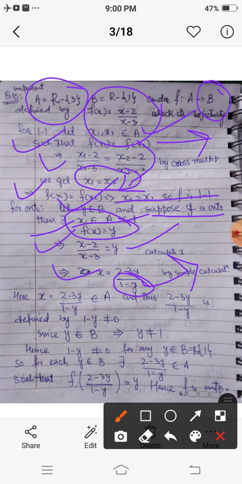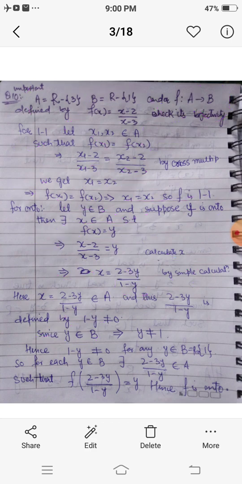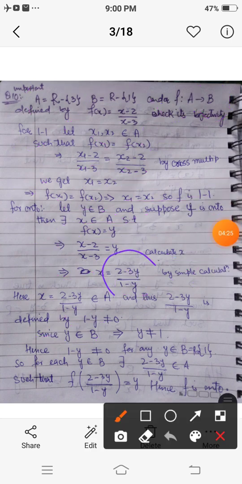Here y belongs to B, because it is an arbitrary element of B, and B contains the real numbers except 1, and x is 2 minus 3y upon 1 minus y, which is defined when y is not equal to 1. So this x is always a real number, hence a defined number.